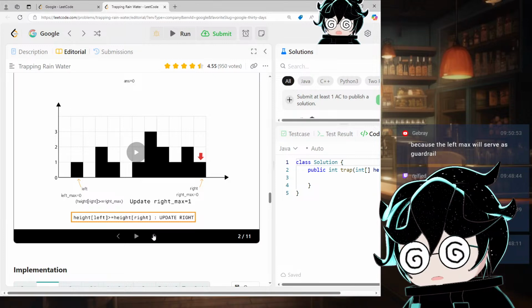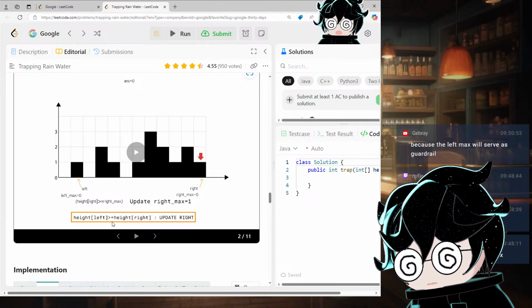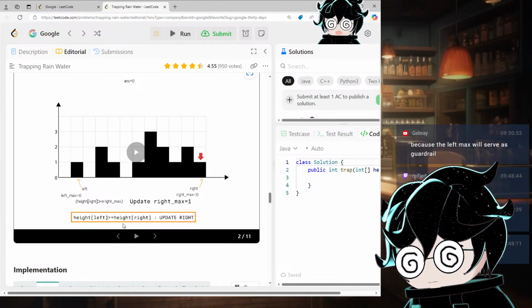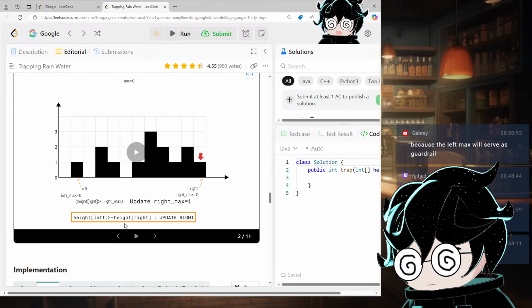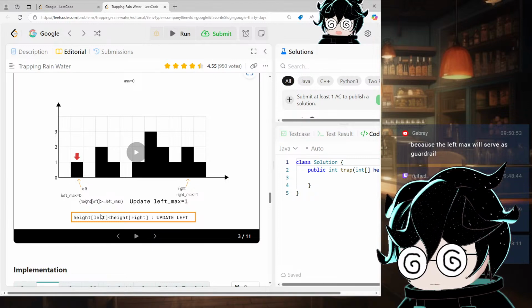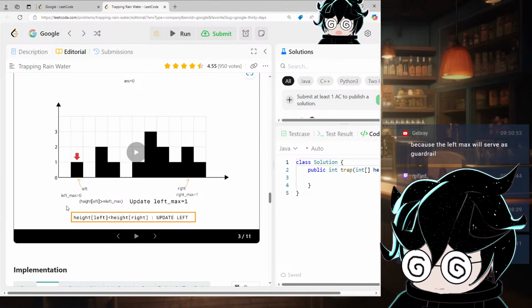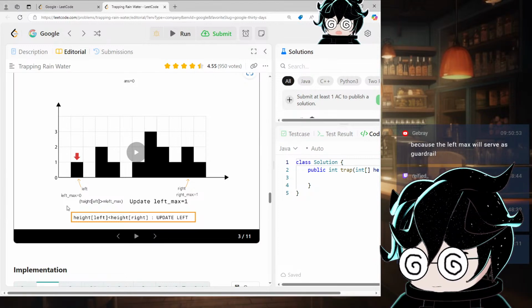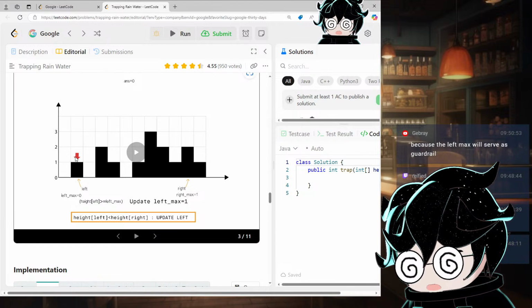Okay, left height is greater than or equal to height to right. Left goes to here.